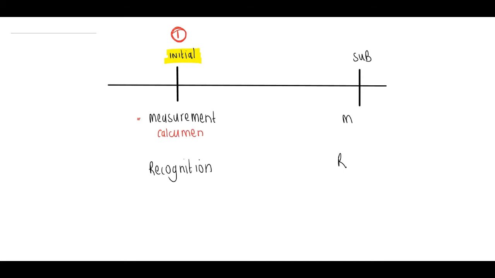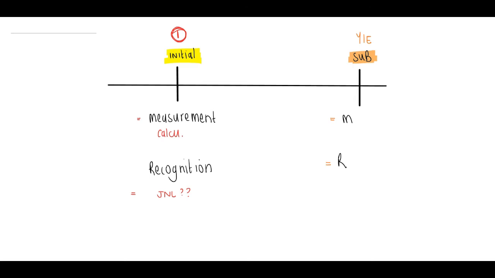Recognition will be how do we journal the amount. Is this an asset or liability? Subsequent will be our year end. For example, in this question, 31 December 20.11. Measurement again, how do we calculate, recognize, how do we journal?